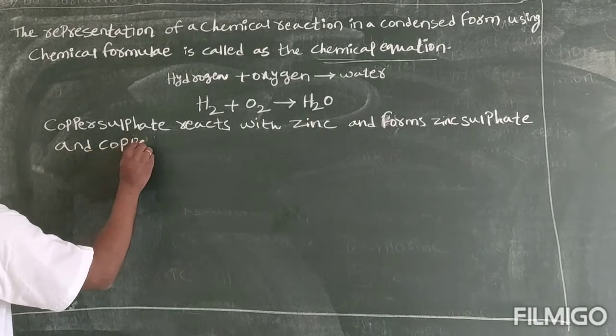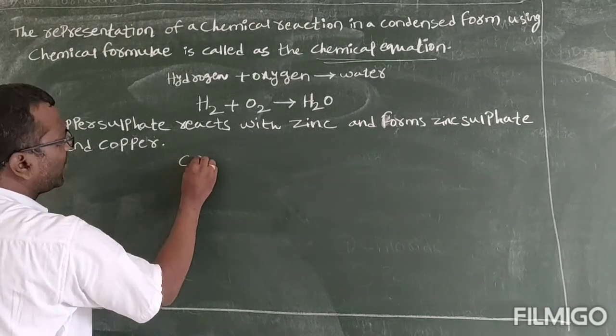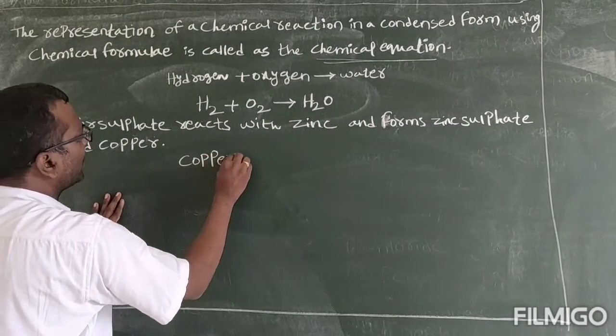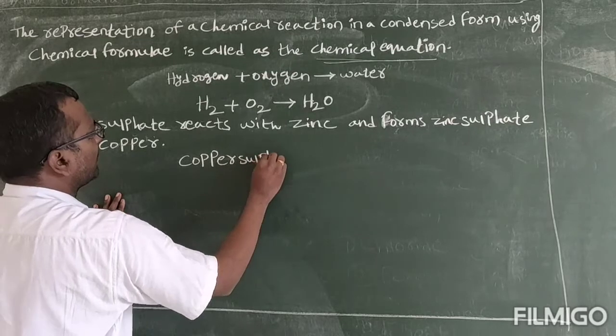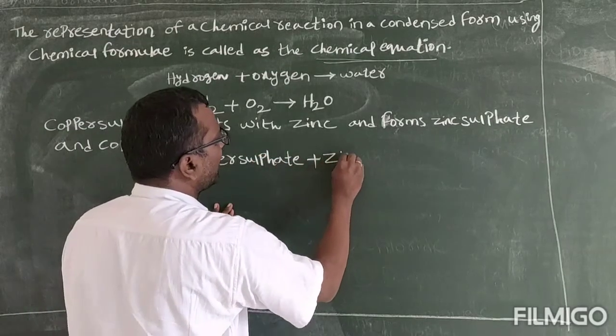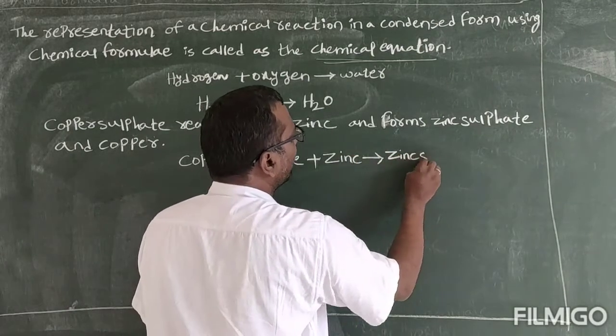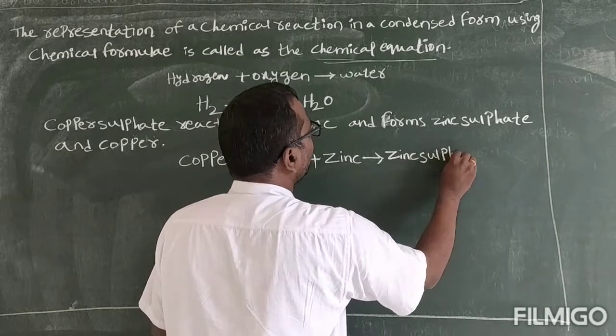So this is a chemical reaction. Now we will write it in the form of word equation. Copper sulfate reacts with zinc to give zinc sulfate and copper.